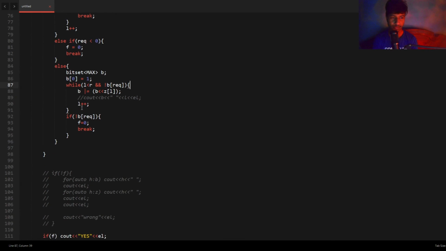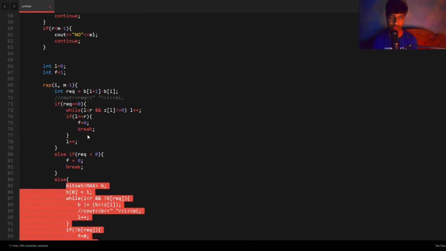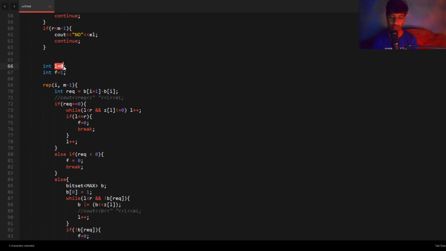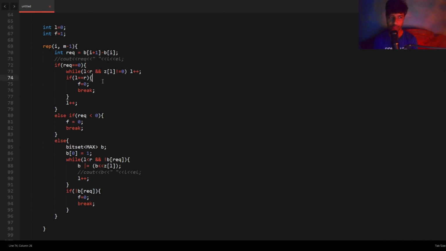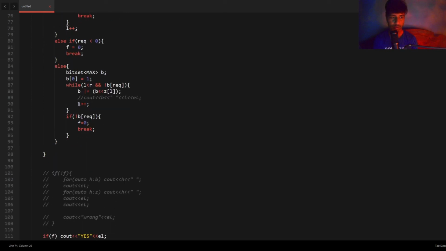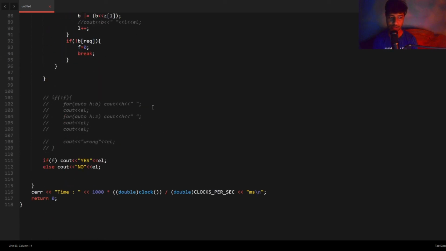So this is implementing the 0-1 knapsack. L is the left side of the new partition that we are looking for. And you keep doing L++. In the next iteration, the left partition is created by default, right? So pretty simple implementation. It's not very difficult.